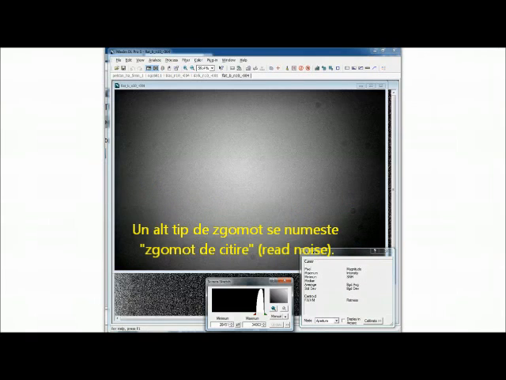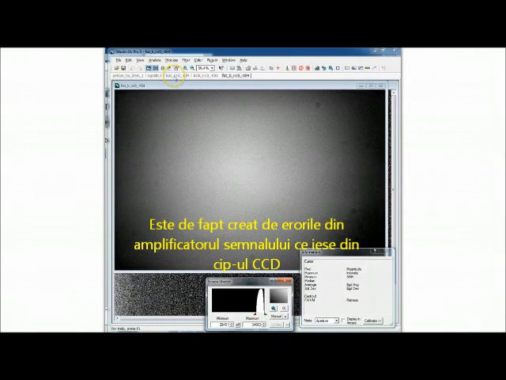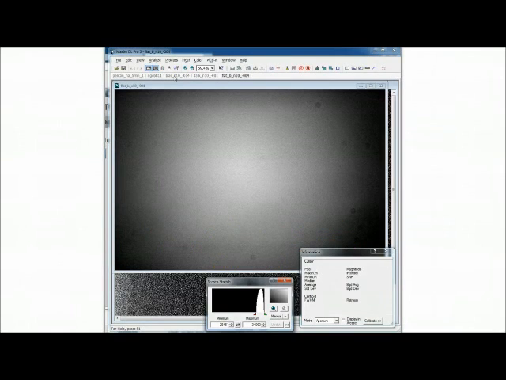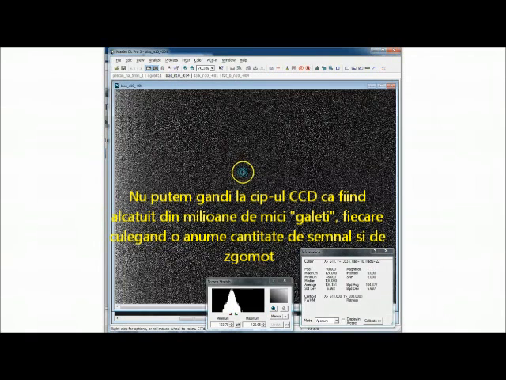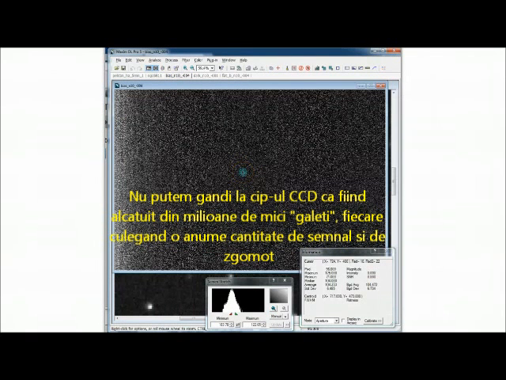Another kind of noise is called read noise. It's caused by errors in the amplifier circuit that reads your signal out of your CCD chip. You can think of the CCD chip as containing millions of little buckets. Each one collects both a quantity of photons of signal and a quantity of photons of noise.